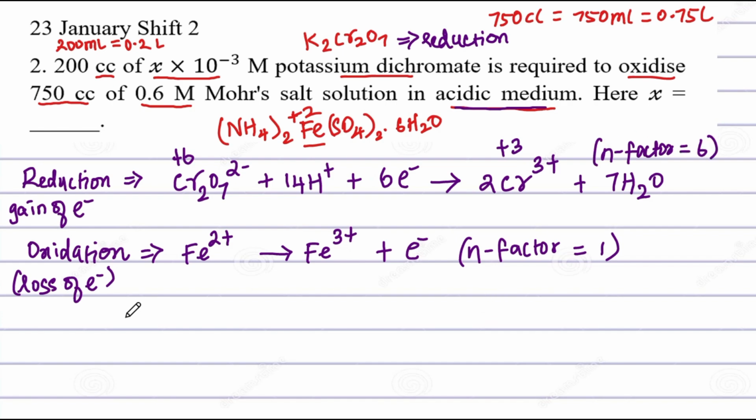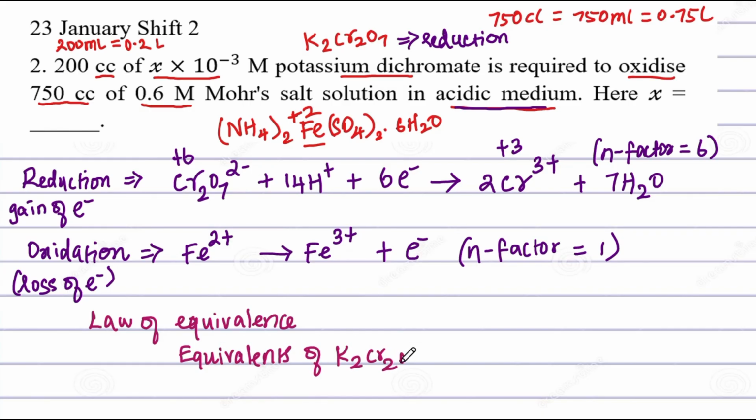Now we are going to use the law of equivalence. What is the law of equivalence? Equivalence of potassium dichromate is equal to equivalence of Mohr salt.